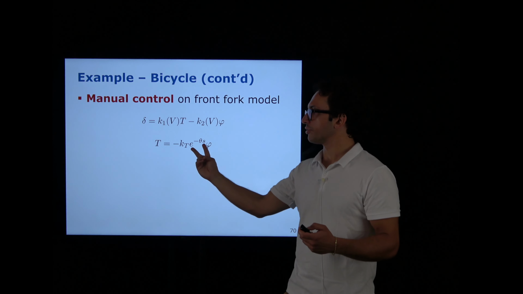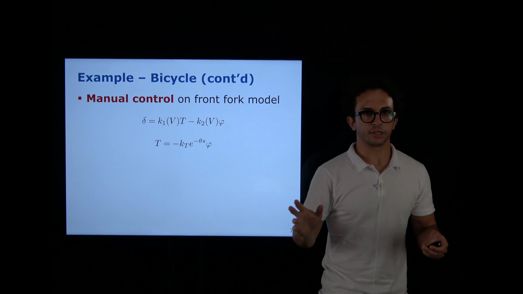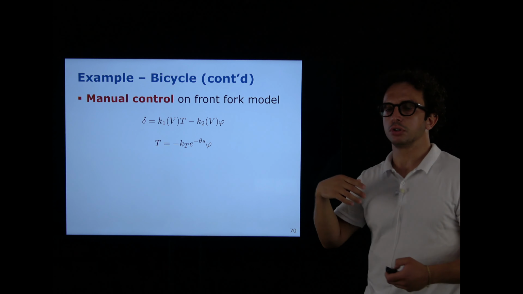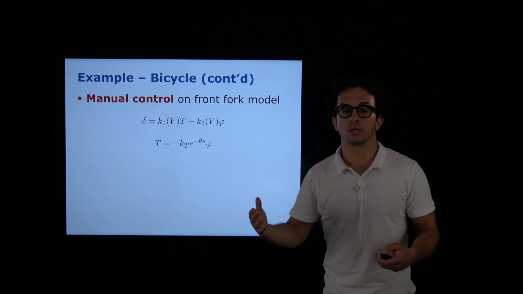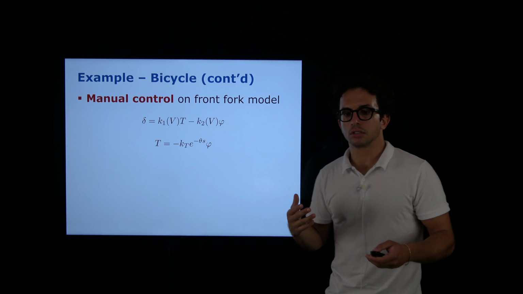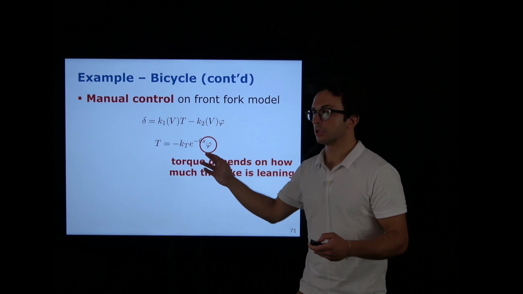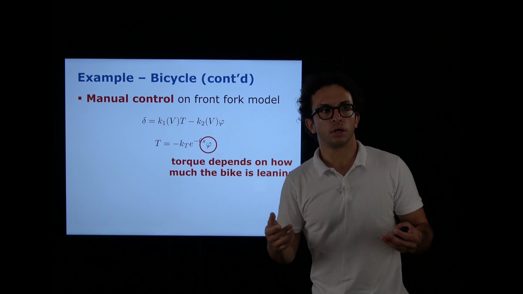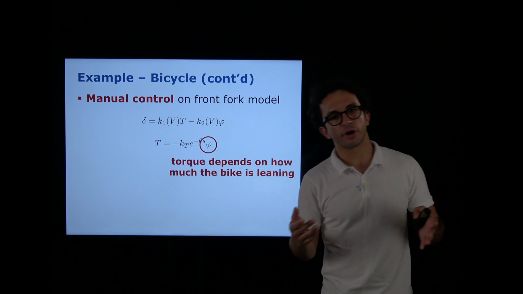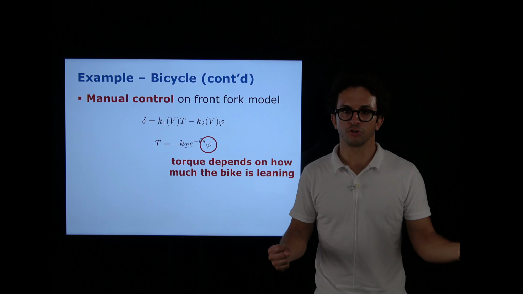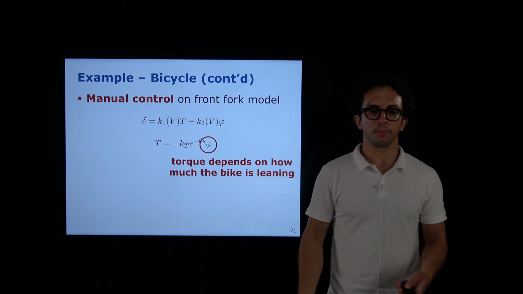And I know that there's this one term which looks a bit weird at the moment. It's something we haven't talked about, but I wanted to introduce it in an example because in this way it's a bit easier to grasp. So the torque depends on the lean angle. If the bike is leaning more, then we probably apply a heavier torque so that we try to go right back up.